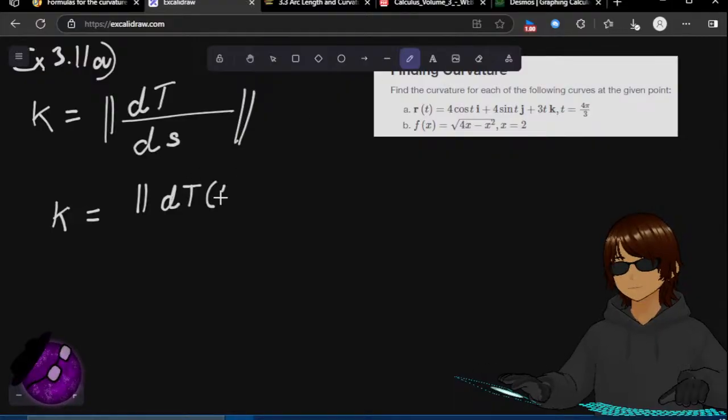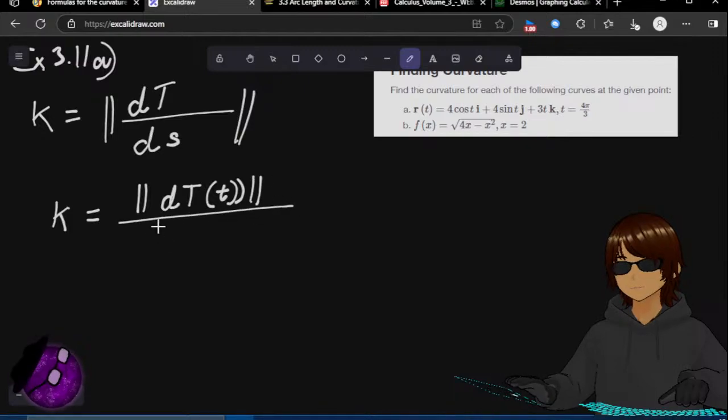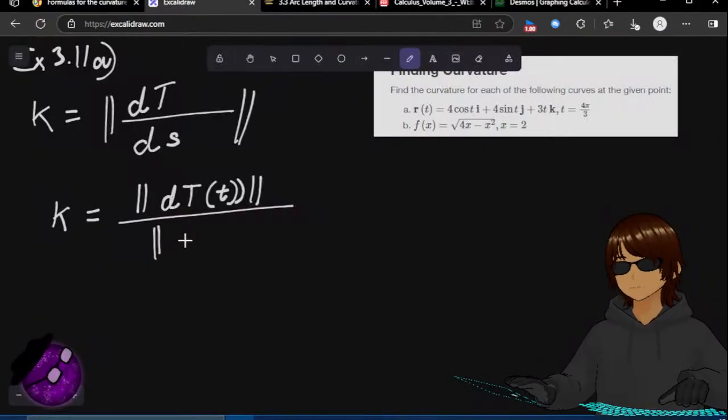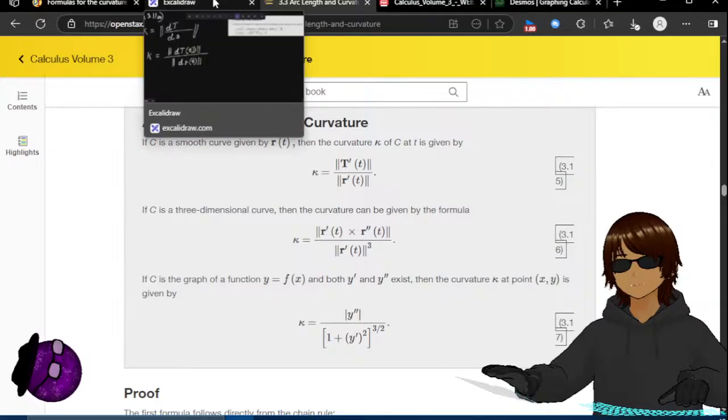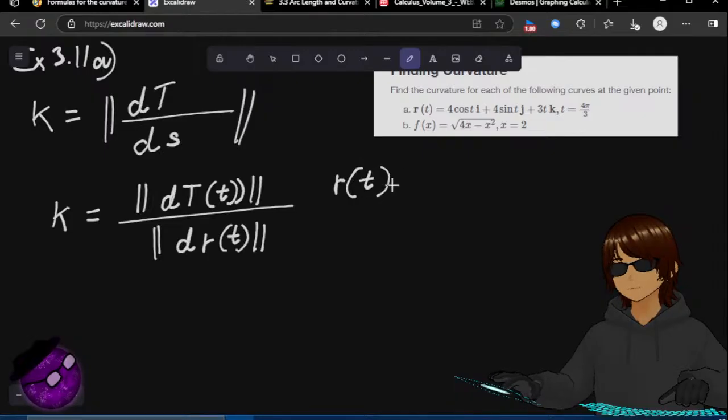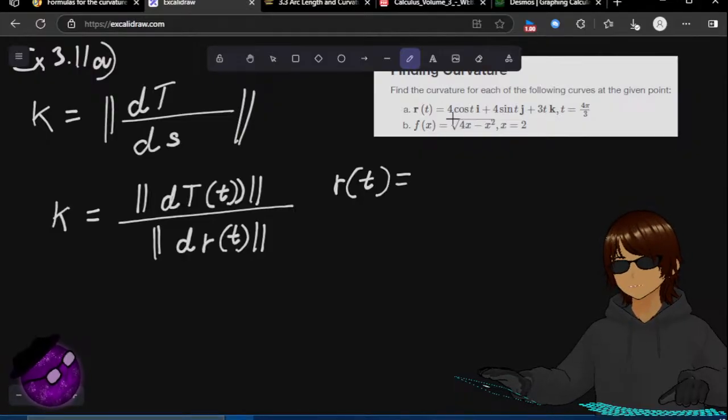So we have T and we have r. I keep forgetting the derivative sign.